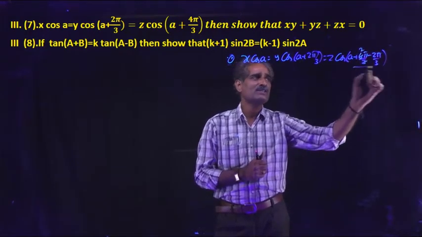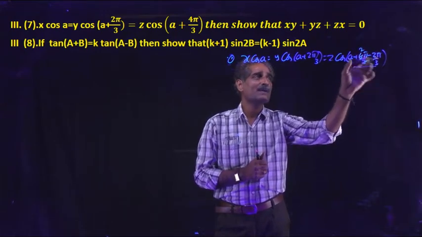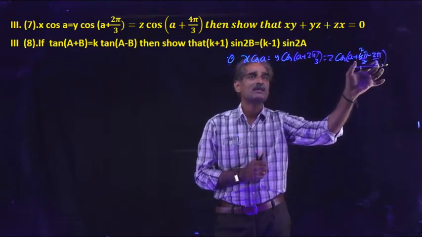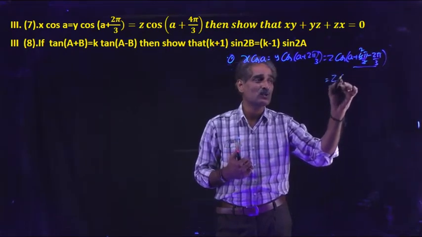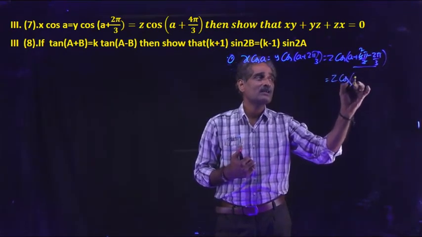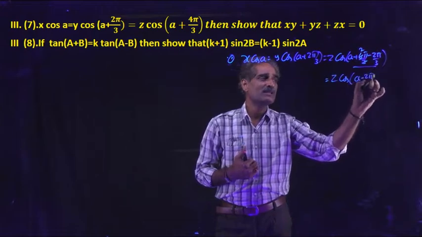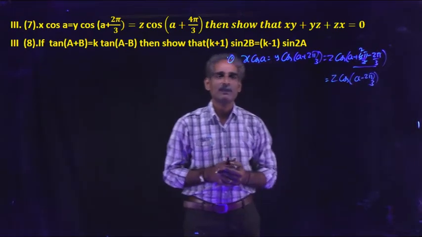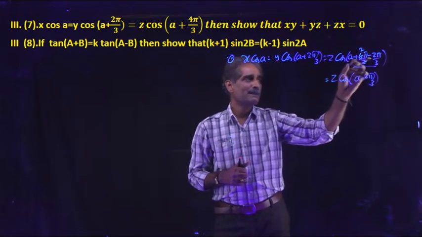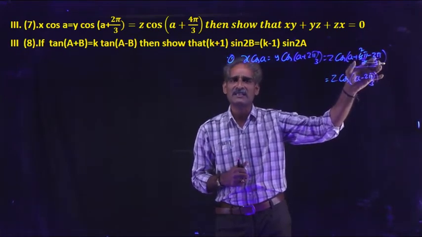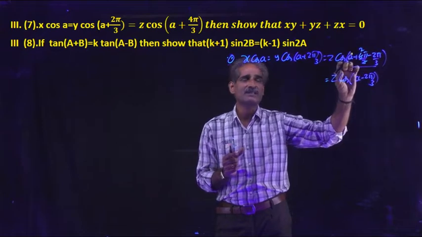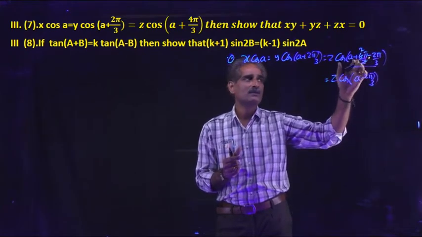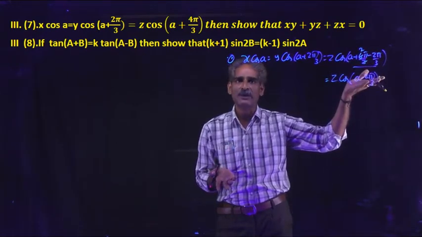Now from this, cos of (2 pi plus theta) is cos theta, so here we can write z into cos of (a minus 2 pi/3). Let us consider a minus 2 pi/3 is equal to theta. Then it is in the form of cos of (2 pi plus theta), first quadrant, cos theta.